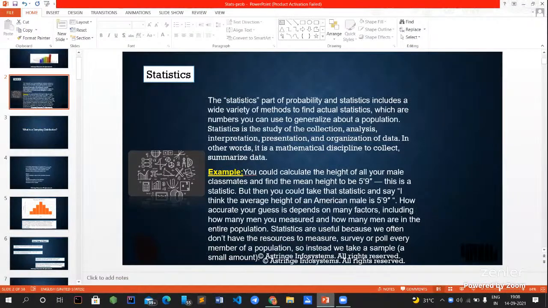Okay, thank you. So we read about what statistics is all about and how statistics is given a basic proportion. I actually gave you a very simple definition: statistics is the mathematical discipline to collect and summarize your data.